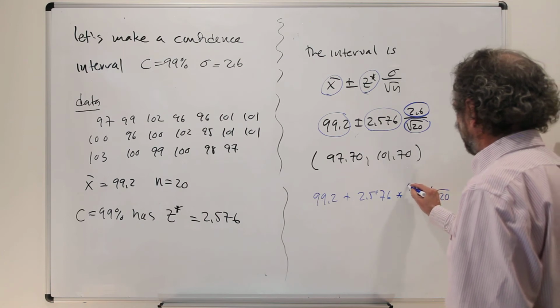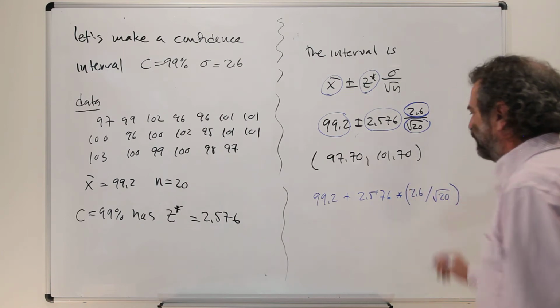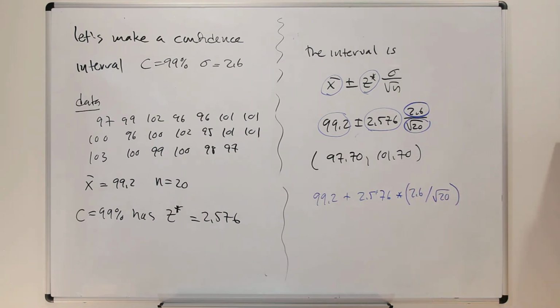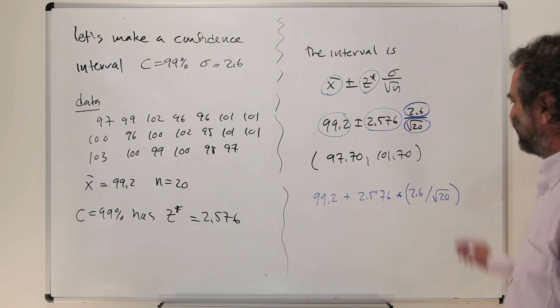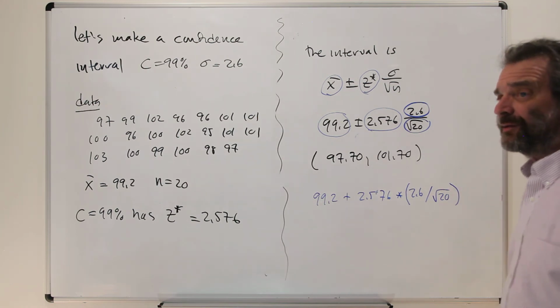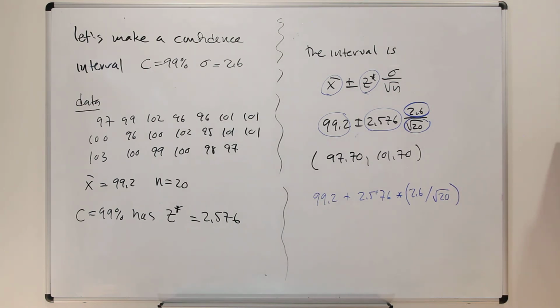And if you want to be safe, you can put parentheses around there to make sure everything goes according to plan. You have to be careful when you write square root of 20. Ordinarily, there's parentheses on the square root that have to be closed to make sure it comes out right. But here, even if you do things wrong, most of the time you'll get the right answer for the confidence level.